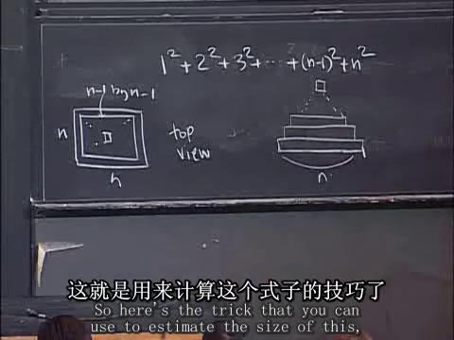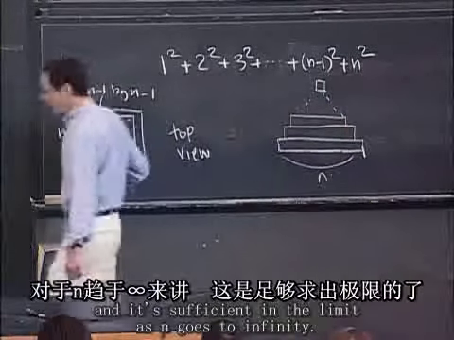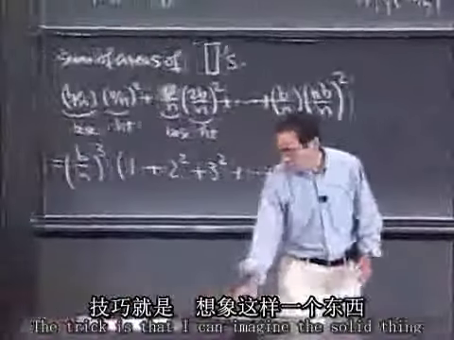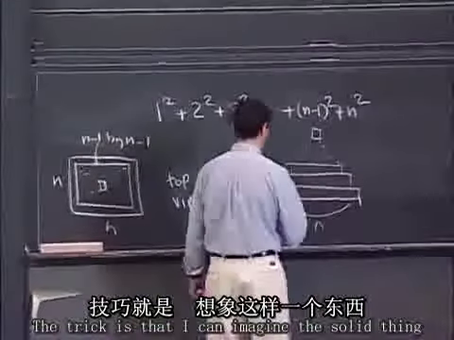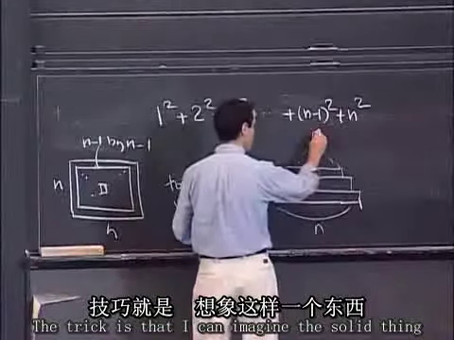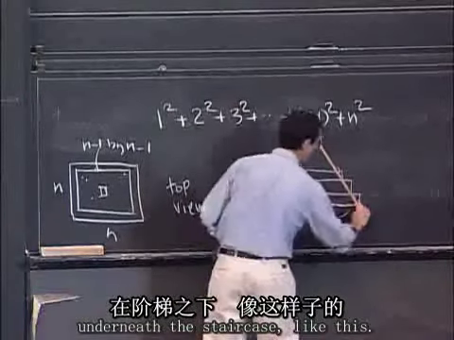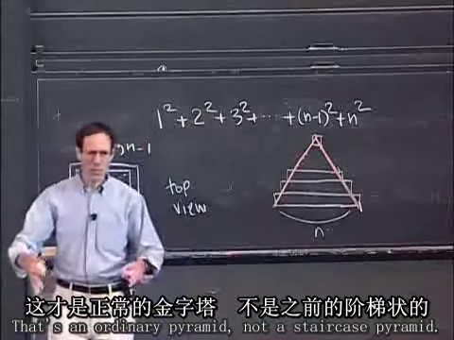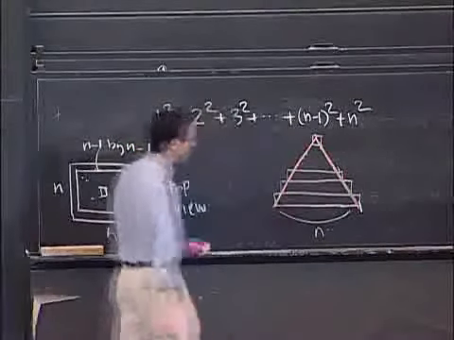All right, so here's the trick that you can use to estimate the size of this. And it's sufficient in the limit as n goes to infinity. The trick is that I can imagine the solid thing underneath the staircase, like this. That's an ordinary pyramid, not a staircase pyramid, which is inside.